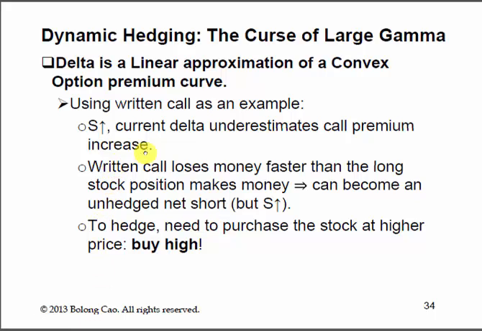The liability side actually increased faster than the long stock position, or say the written call loses money, right? You have more liability, and that growth in liability is faster than the growth in the long stock position, making you lose money.